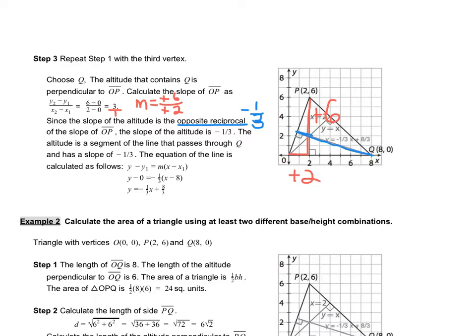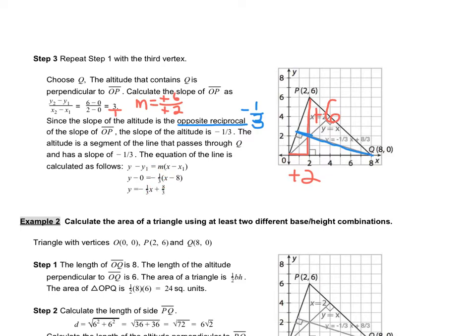And we're going to substitute in the only point we know, which is Q. We don't know where this end point is of this blue segment. We know Q, and we know the slope. So we're going to substitute in the coordinates for Q, 8 for the x1, 0 for the y1, and then the slope that we have, and do be careful, there is a negative next to that equal sign.